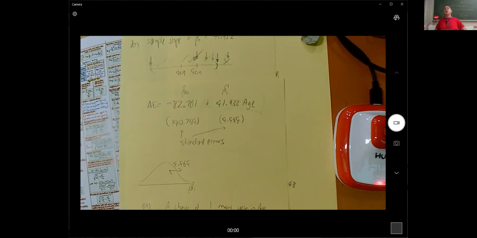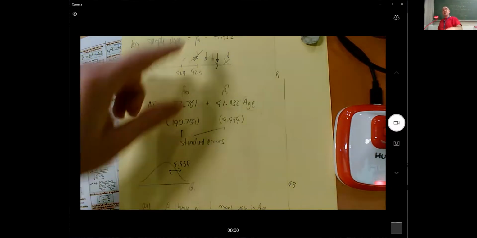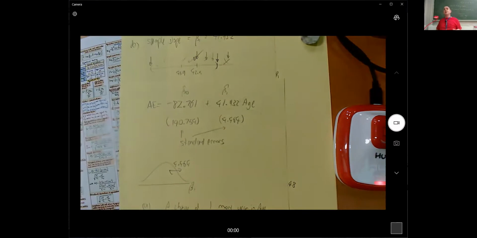But they could give you an Excel output with the SS's in it and the missing values for what the standard errors and stuff is, and then you would have to calculate them yourself from the bits. That's a classic stats lecturer thing to do.